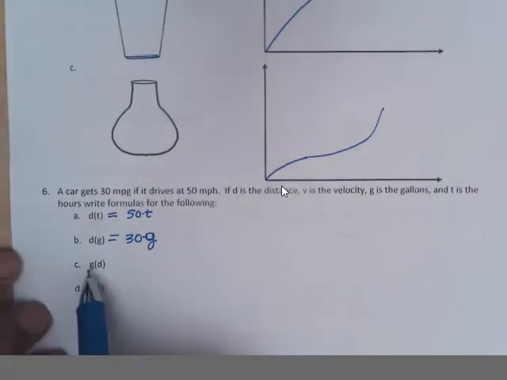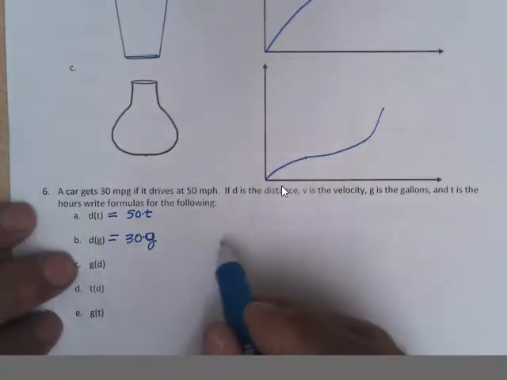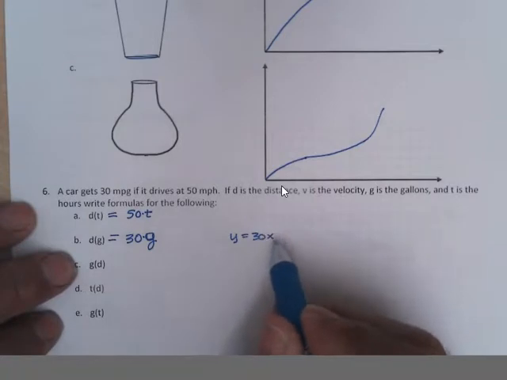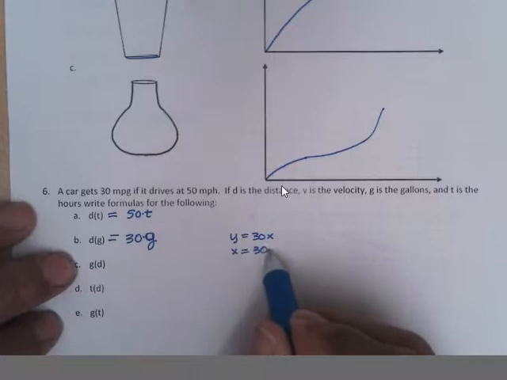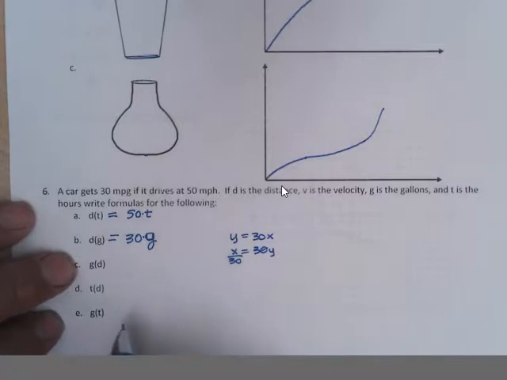If I want to get gallons from the distance, I have to undo this. This is the inverse of that. So if this looks like y equals 30x, if I switch the y and x, I get x equals 30y, and solve for y, I get x over 30 equals y.